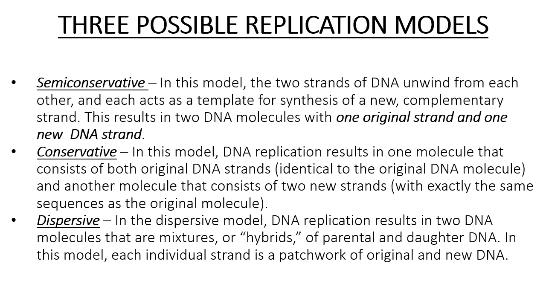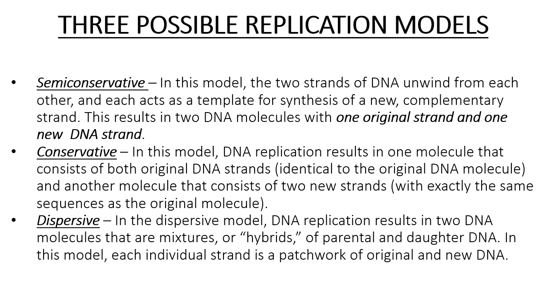In the semi-conservative model, two strands of DNA unwind and they both act like a template for synthesis of a new, complementary strand. The result of this model is two DNA molecules, each with one original strand and one new DNA strand. So that's why it's called semi-conservative. Semi means half of the DNA is conserved.